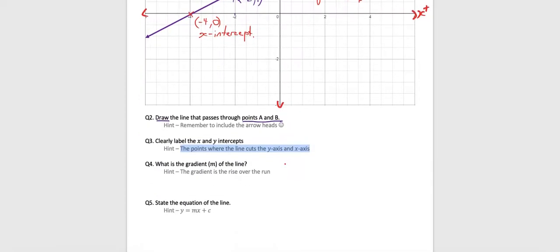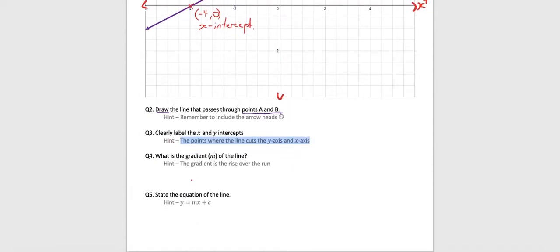Going onwards, so we've labeled our intercepts. Now it's asking what is the gradient m of the line. So remember, gradient is denoted by this symbol here, m. And remember, the gradient, m, is the rise over the run.